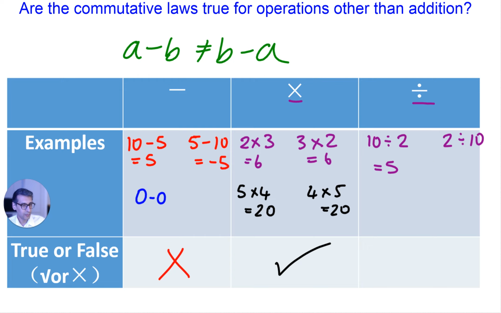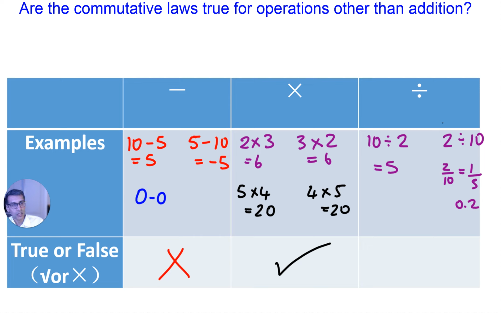I know that 2 over 10 is just going to be 2 over 10. You can write it as a fraction, which is 1 over 5, or sometimes we can write it as 0.2. Either way, it's not equal to 5. So the moment you have one example that doesn't work, you can say this conjecture is proven false. So this does not work for division.